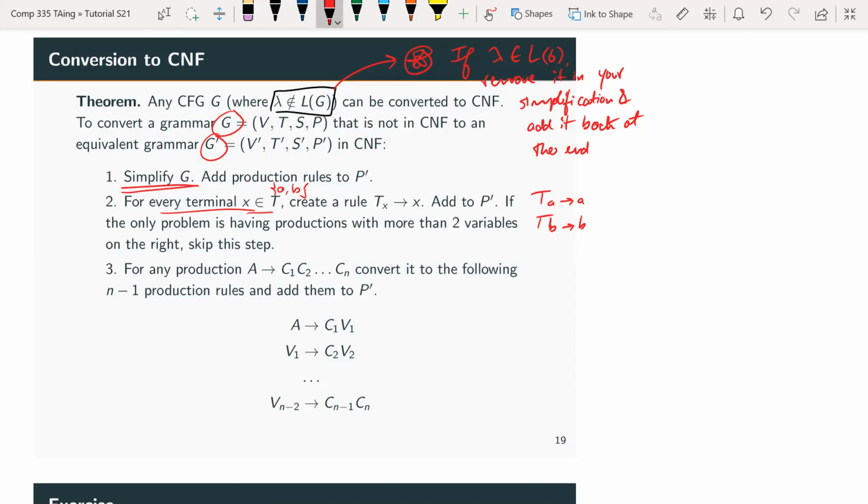Okay. And then make sure to replace all terminals X in your production rules P with TX.